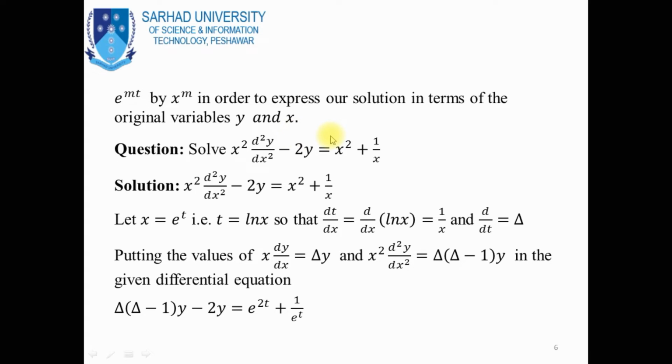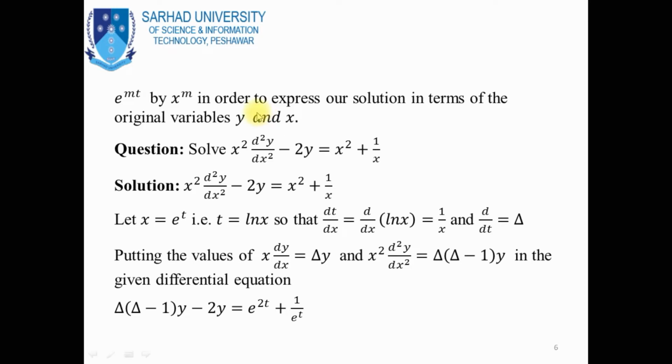So dear students, you see over here this is the Cauchy-Euler differential equation. We transform this Cauchy-Euler differential equation into a higher order linear differential equation with constant coefficients, which we have discussed already in the previous video lecture. And we know that the solution of a higher order linear differential equation with constant coefficients has two parts: one is the complementary solution and the other is the particular solution.